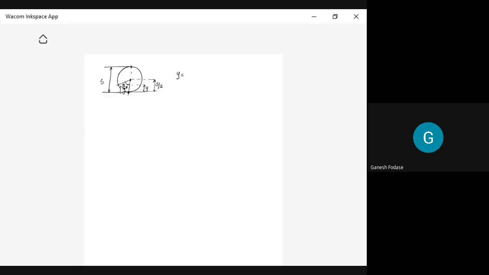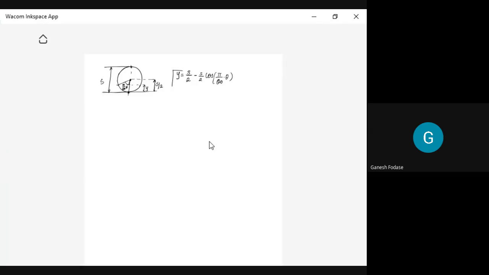You can see this one is y. So y is equal to this complete distance, that is S by 2, minus this upper distance. How much is that distance? It is S by 2 cos of that angle, cos of pi upon theta O into theta.